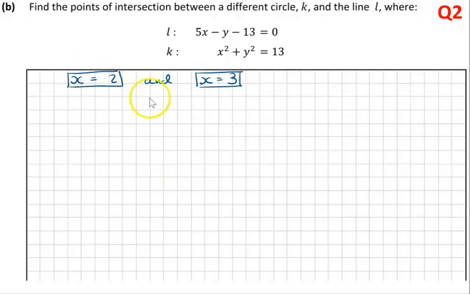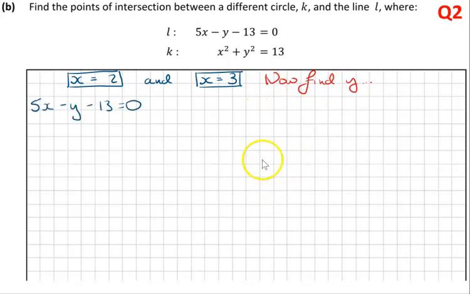So we know x is equal to 2 and x is equal to 3. Now find y. So I'm going to write down the linear equation, which is the simpler equation, which is 5x minus y minus 13 is equal to 0. I'm going to swap the x for a set of brackets because we know what x is.